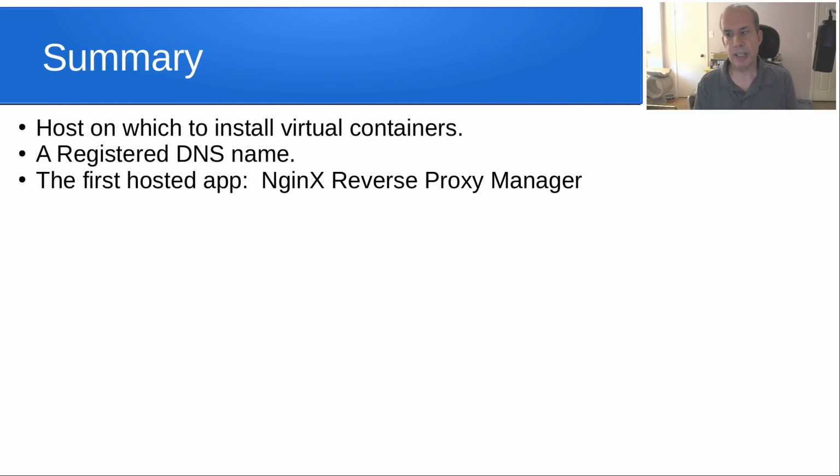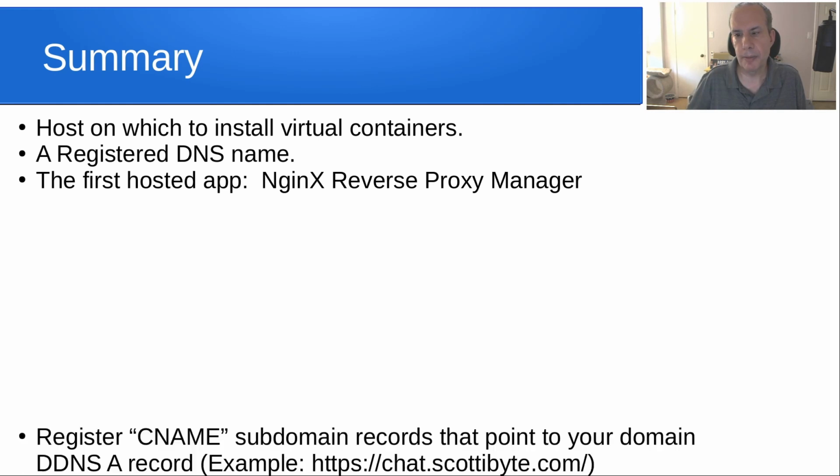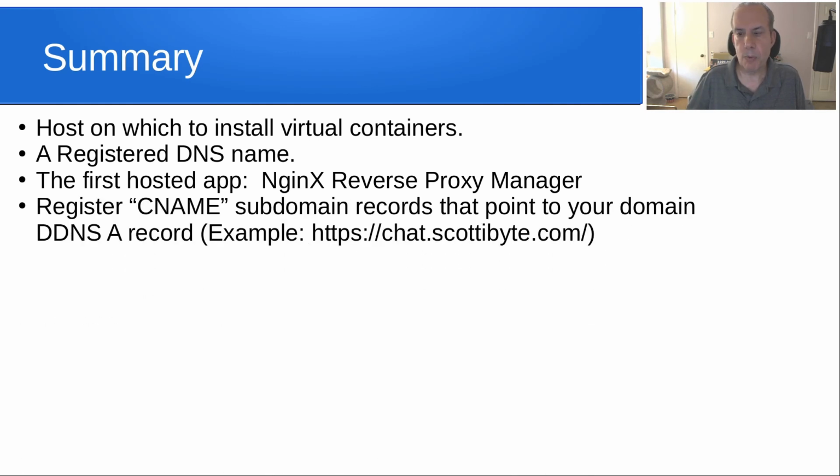Nginx Reverse Proxy. Why? Because Nginx Reverse Proxy is the thing that lets you define multiple services on your network. And then you want to register CNAME subdomain records that point to your domain. CNAME records are what are called alias records.